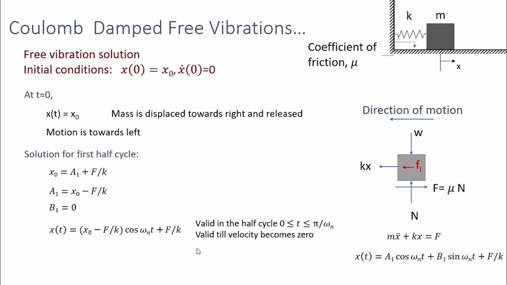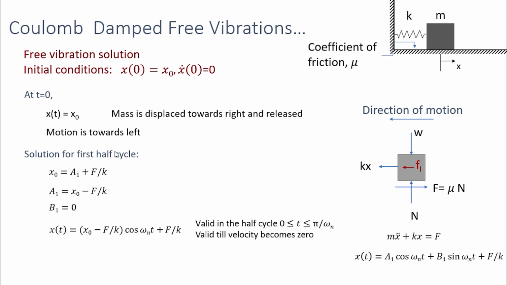And this solution is valid only in the first half cycle, that is when the time is between 0 and half of the natural period, that is pi by omega n. And this solution is valid only until the velocity becomes 0.